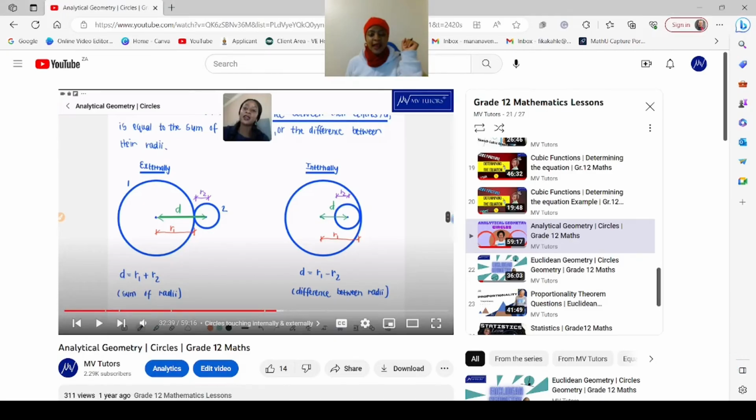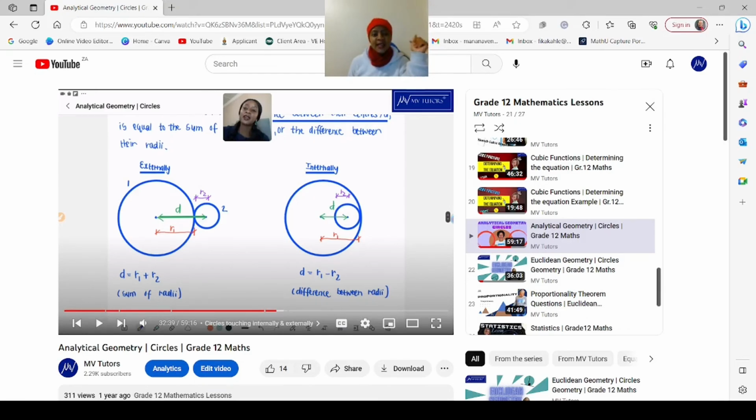But this is how we do it. So you can either have circles that are touching at one point internally or externally. Basically, if you get the sum of the radii and it's equal to the distance between the centers. Remember, we determined the distance between the centers? We got 15 units, I think, or 13.